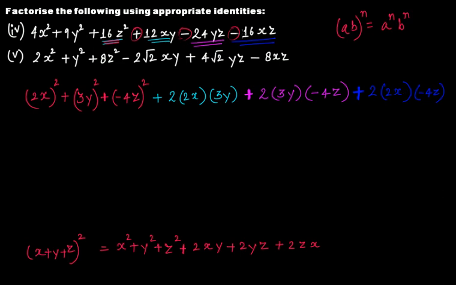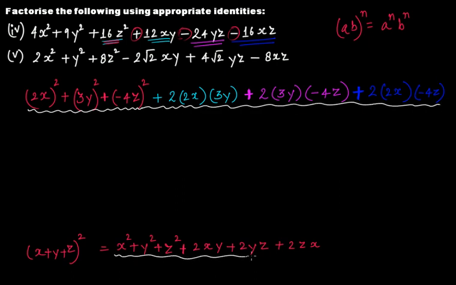So now if you pay attention to this 2x squared plus 3y squared minus 4z squared plus this one, it's exactly similar to this one. The only thing is, in this case, this third term, that is z squared, is now negative.